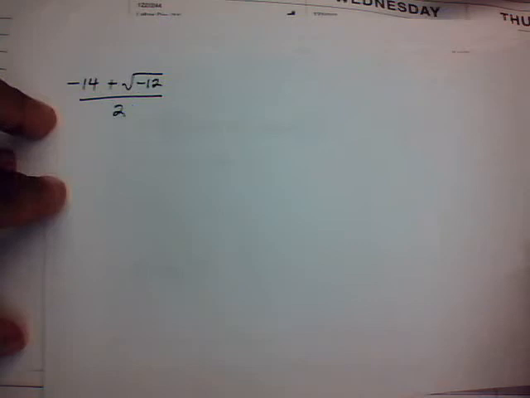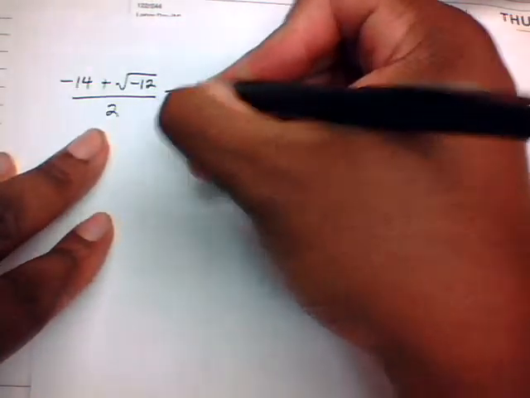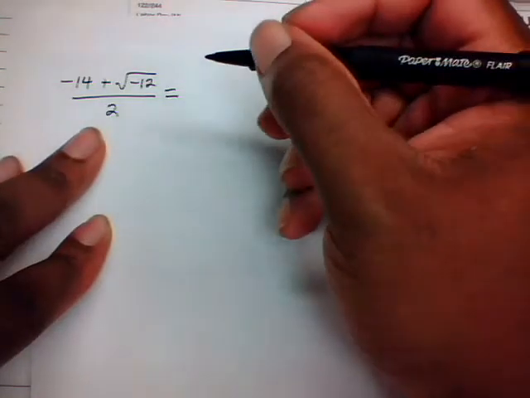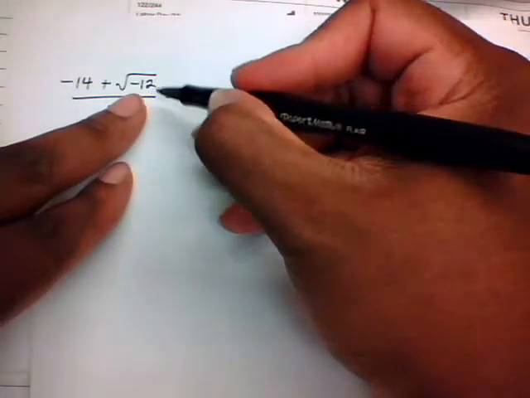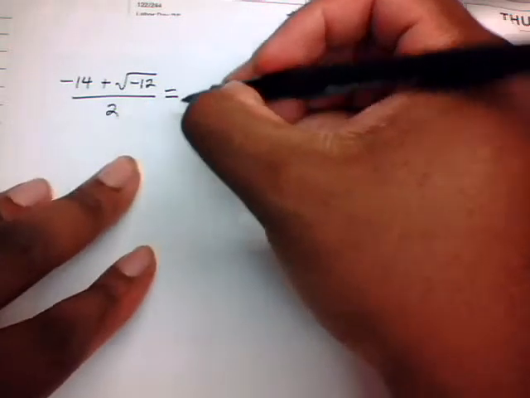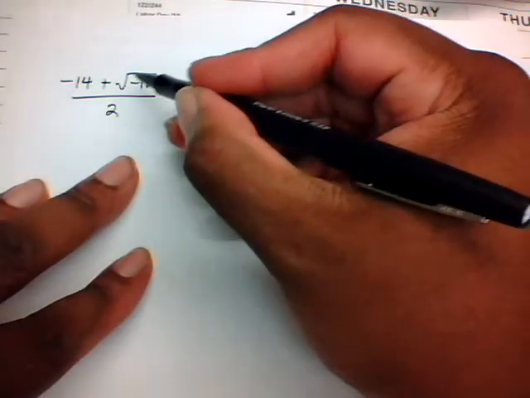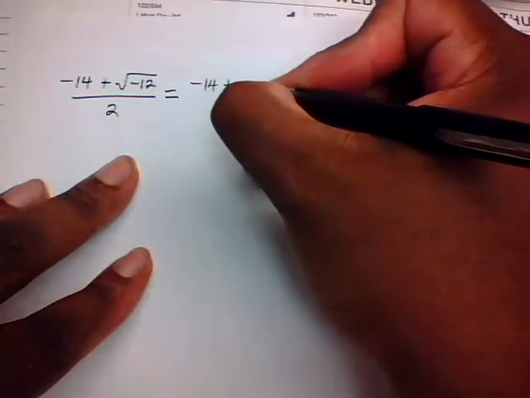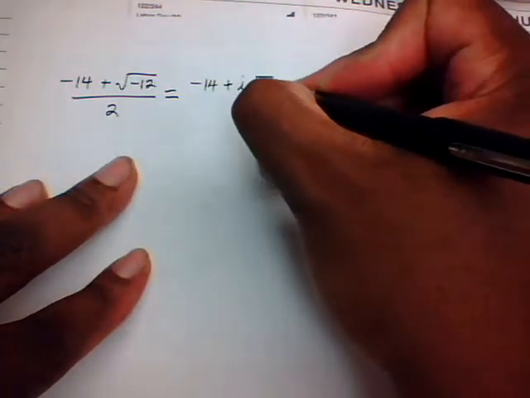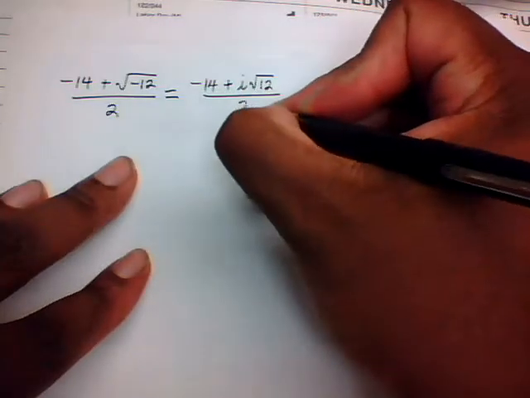Okay, so here's how we will solve that particular problem. In this case, we need to express this in terms of i, so I'll rewrite this as negative 14 plus, since it's got the negative 1 underneath the radical, that can come out as i square root of 12, divided by 2.